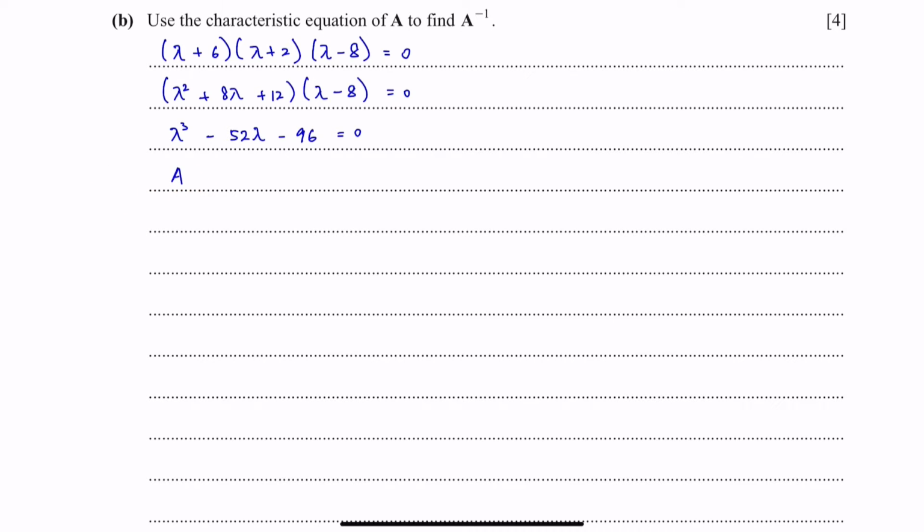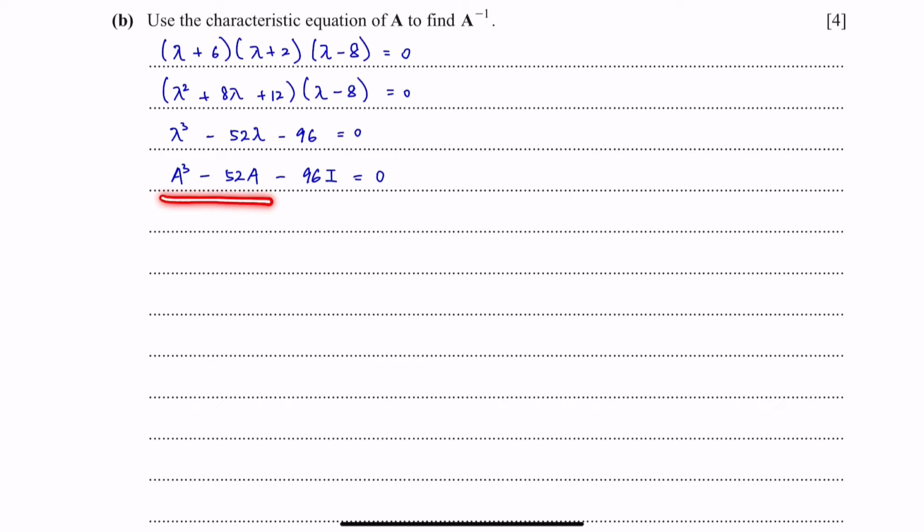So A cubed minus 52A minus 96I equals 0. Remember to include the I here because everything here is a matrix, and if you don't put the I here, it doesn't make sense at all.